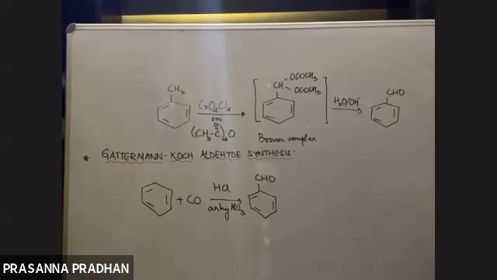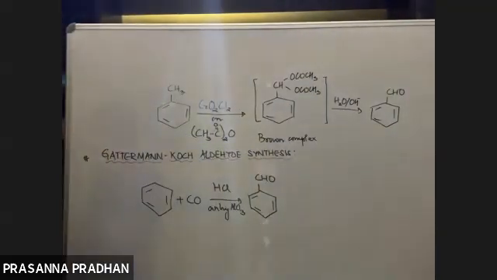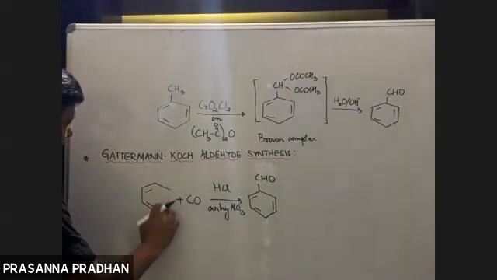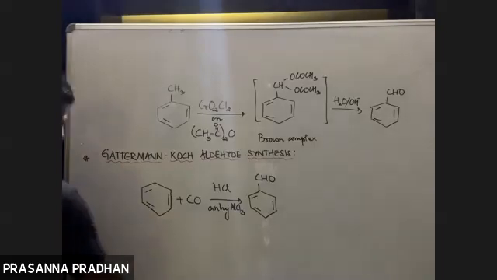But if the question asks how you will convert benzene to benzaldehyde in not more than one step, you will be using this reaction, known as Gattermann-Koch aldehyde synthesis. Right, it's easy.